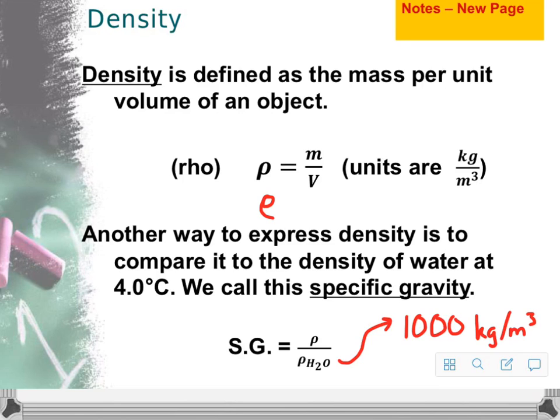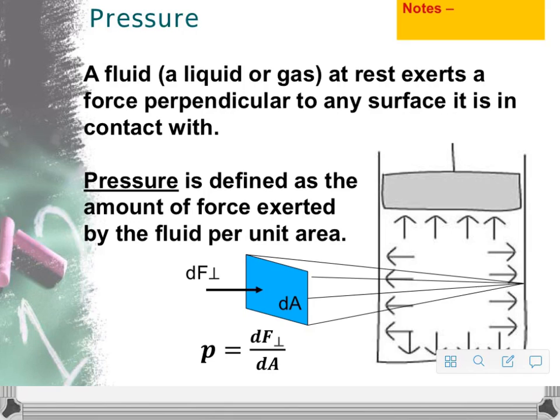The other thing that we want to talk about in this lesson today is pressure. A fluid, which is a liquid or a gas, when it's at rest, exerts a force perpendicular to any surface that it's in contact with. So in physics we define an amount of force per unit area, because this force is pushing on all of the areas of the container that it's in.